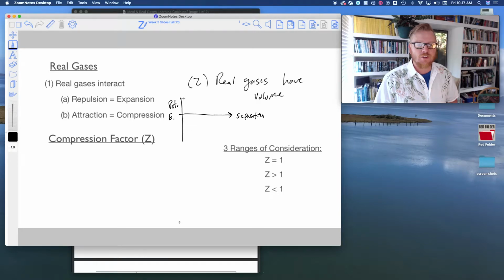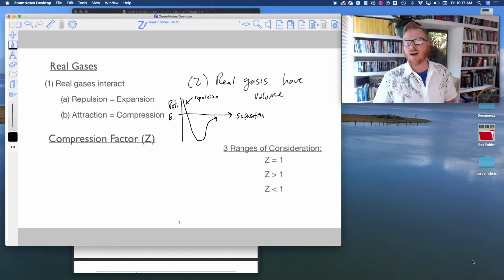Okay? Our potential energy is going to look something like this. So there is going to be this region where the separation is small, right? So on this side of the scale, the separation is quite small. So that would give us repulsion.